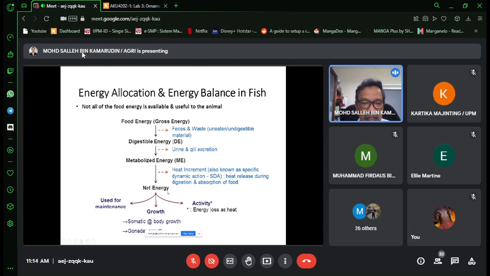And net energy ni will be used first for maintenance, and then for activity, and lebihnya bila dah ada, barulah it goes for somatic growth, dan juga for the broodstock, for gonadal growth. Untuk grow gonad pun perlukan juga tenaga.